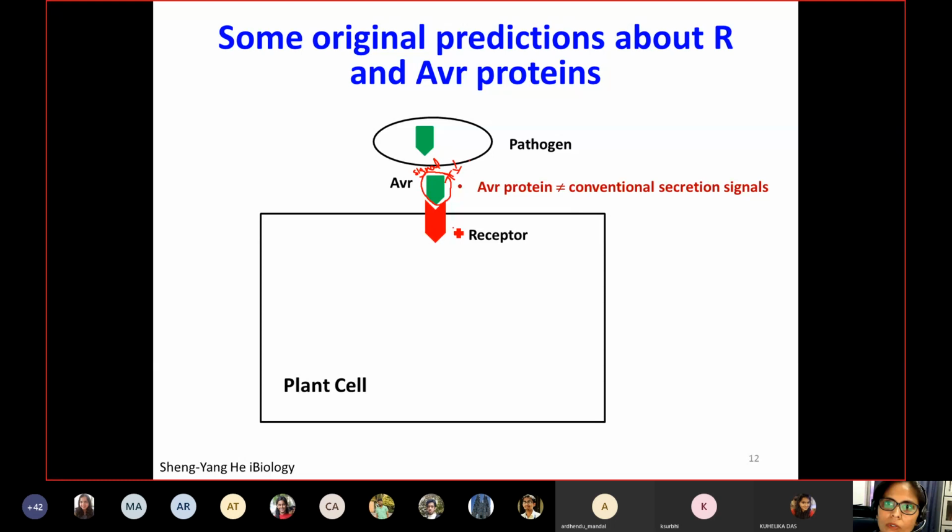And they also found that the receptor is not bound here. So by these two examinations, they were able to tell that the AVR protein is not conventional, it does not have a conventional secretion signal. So it should not be acting like a ligand-receptor kind of molecule. So this proposition was not accepted.